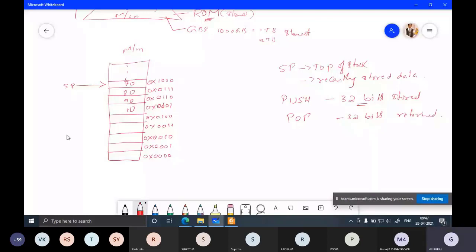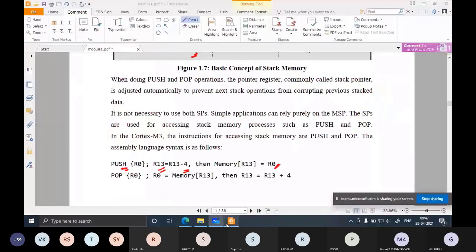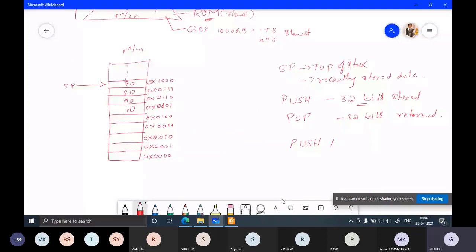Now let's say the instruction, according to the example here, is push R0. We'll assume that the contents of R0 are 1, 2, 3, 4, 5, 6, 7, 8.